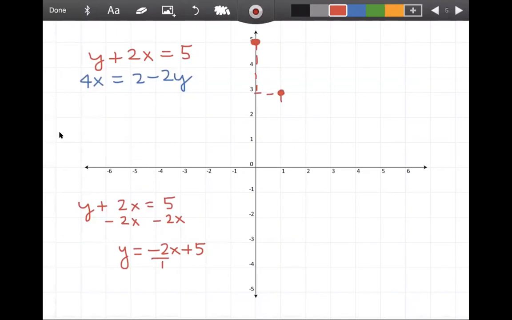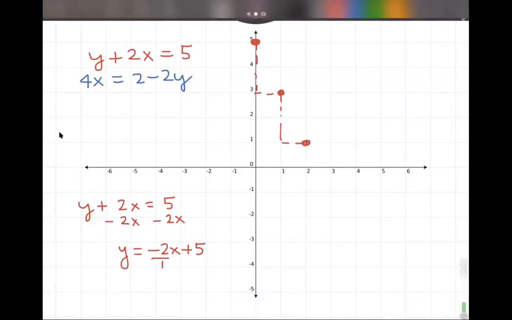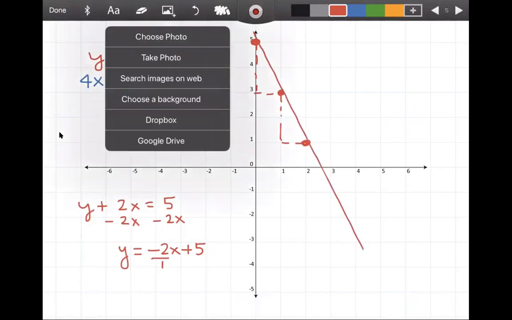Let's do that one more time. All right, so this line is going to look something like this.